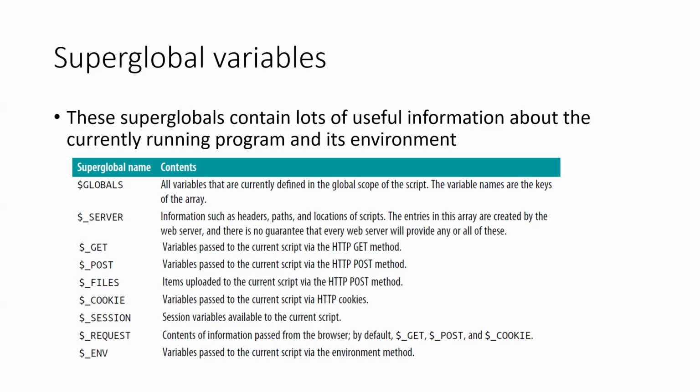You can access those variables, the files, the cookies, the session. We will discuss, for example, how to create a single session variable and how you make use of it for keeping information in a particular session and so on. So these are known as super global variables.